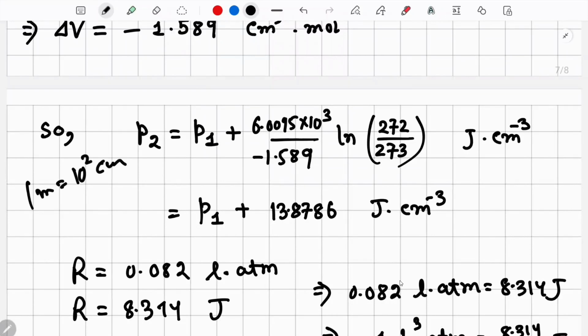This is correct, nothing is wrong. You can write it as joule per centimeter cube.